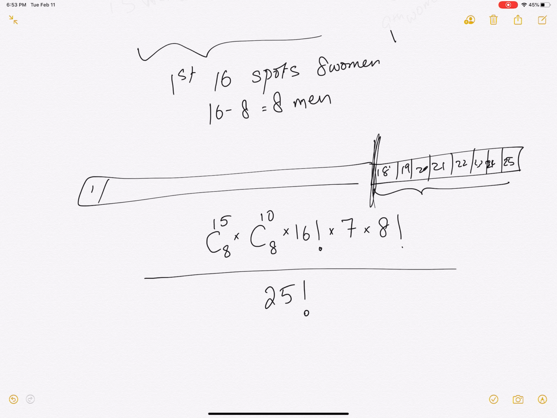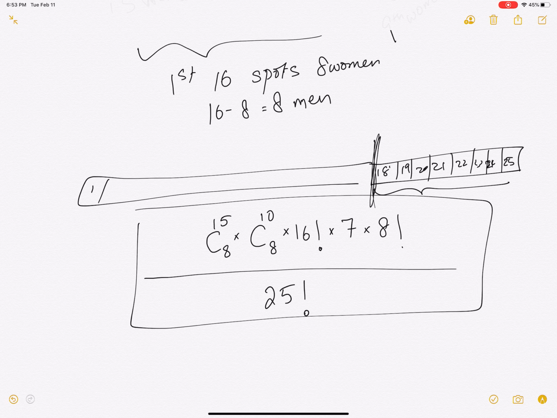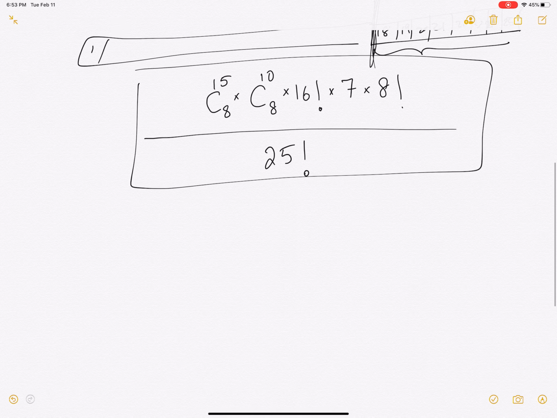Either way, if you worry about everything or you just look up to spot 17, you will get the same answer because arrangements over here would just cancel out from both the numerator and the denominator. Okay, so I hope this makes sense. That's your answer to that problem.